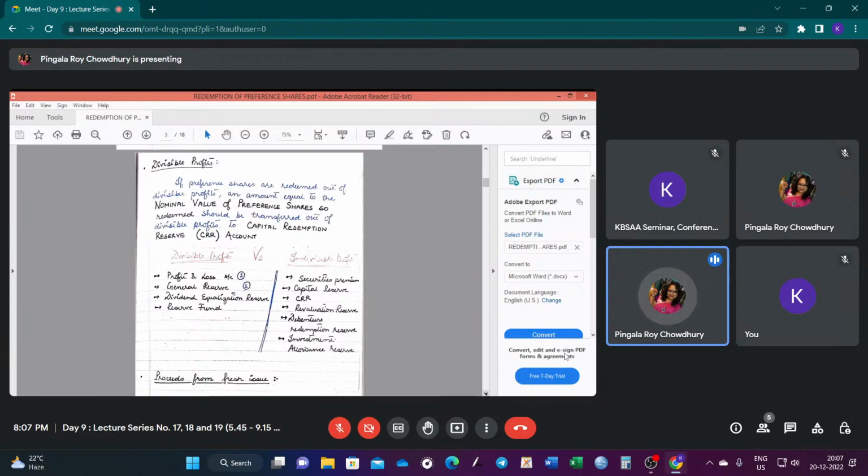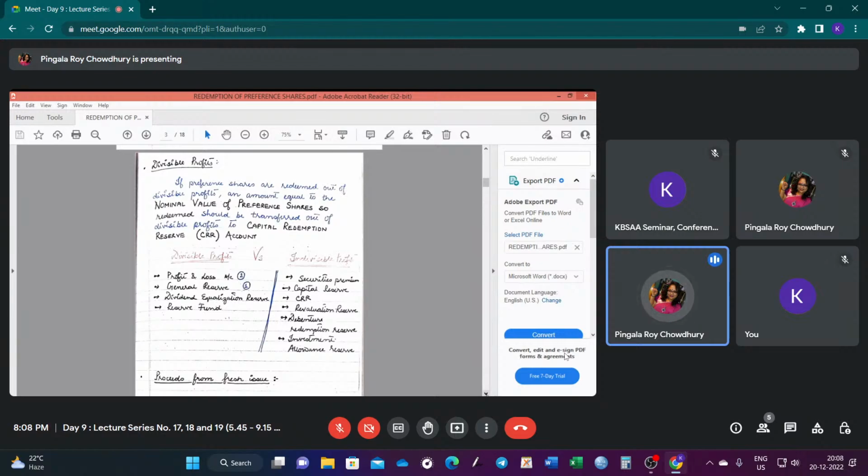The amount of securities premium is usually utilized to set off the premium on redemption of preference shares. We will come into it later on. Next, another thing which you cannot use is a capital reserve. Next, what you cannot use is what you are creating, that is capital redemption reserve. Say, for example, a company had redeemed certain preference shares in the year 2019 and it already has a CRR.